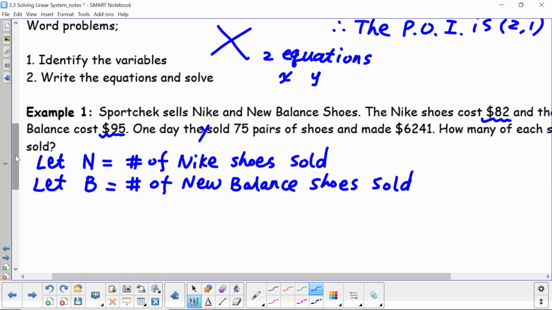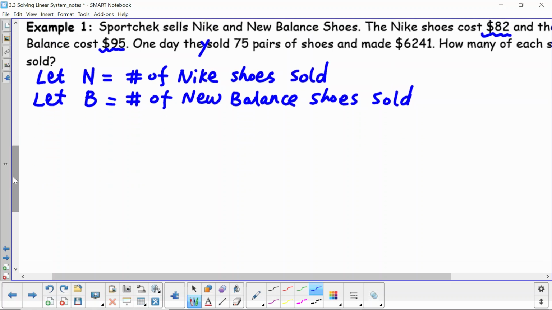So let N represent the number of Nike shoes sold. Let B represent the number of New Balance shoes sold. And we have the unit price here.